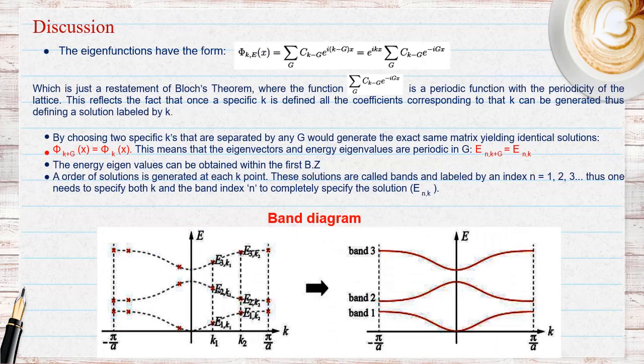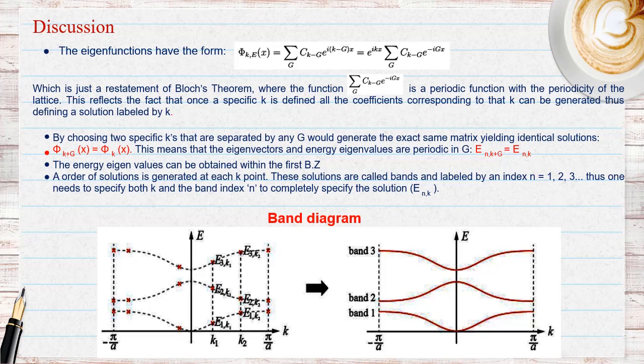The energy eigenfunctions have the following form, represented by φk, that is equal to the summation over g of Ck−g e^{i(k−g)x}, that is equal to e^{ikx} times the summation over g of Ck−g e^{−igx}.